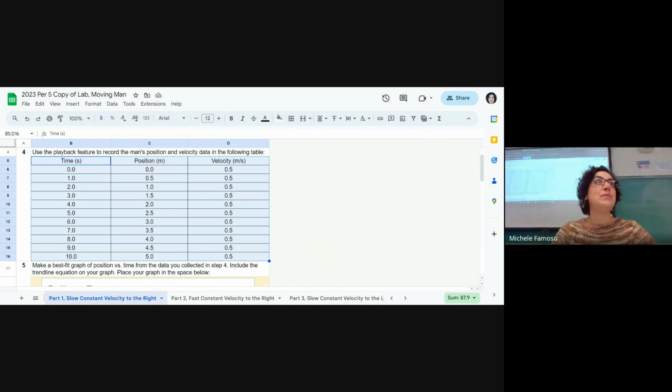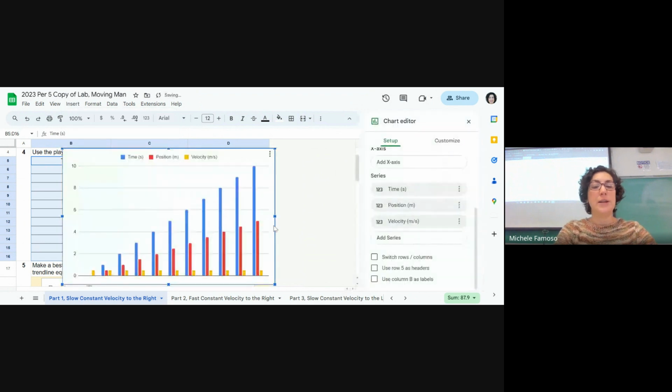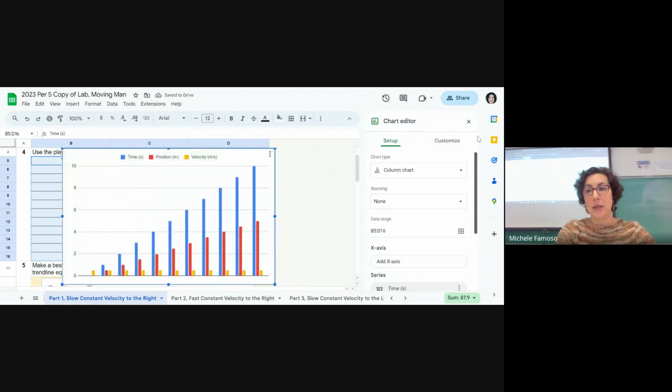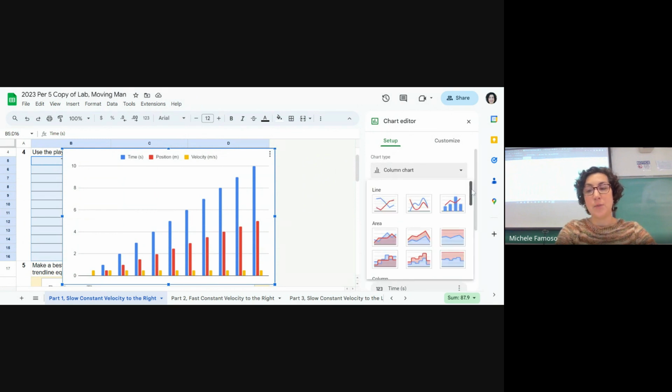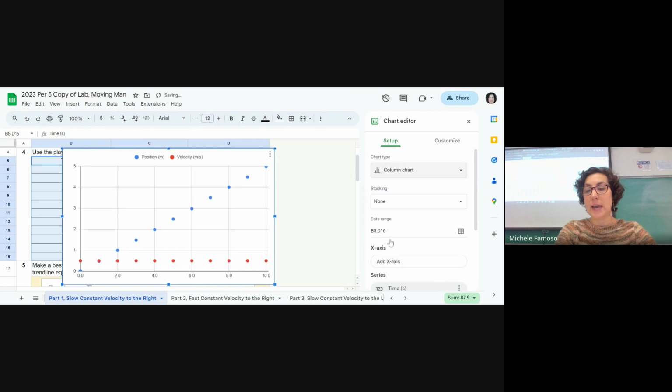Everybody good? All right. Go to insert your chart and it's going to be the wrong type. We have to go under the chart editor, in the setup, and change the chart type to the same we've been using, which is scatter, the option on the left. Now here's where your data range should say B5 to D16. Does it?